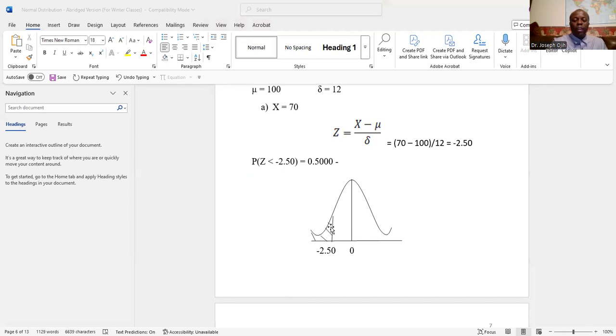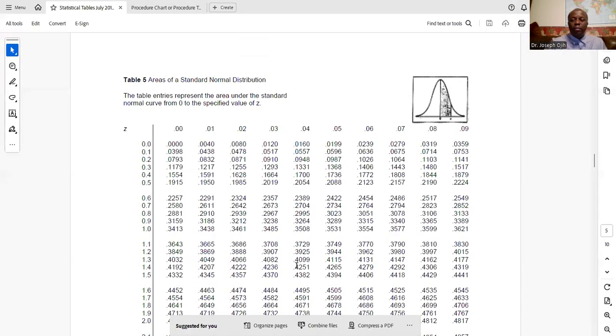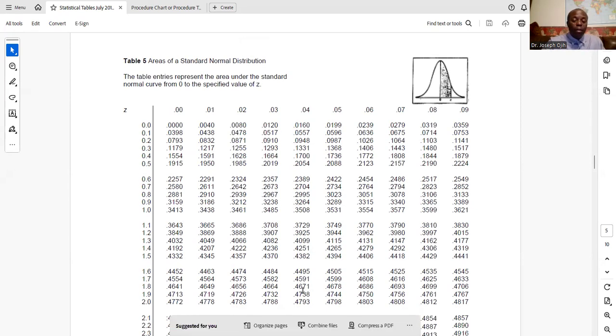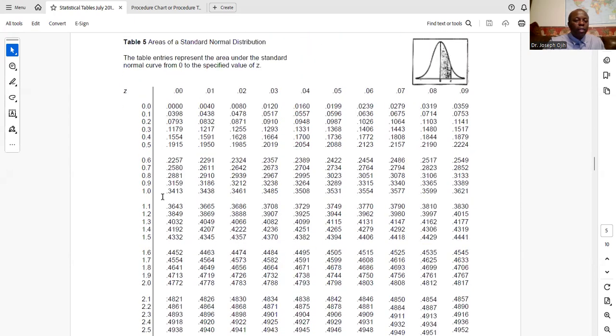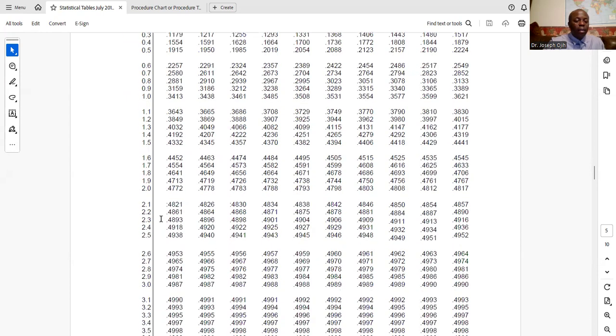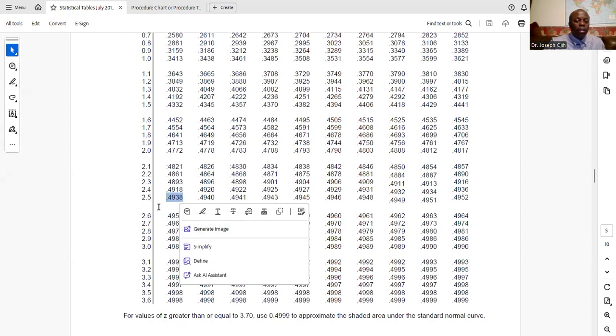Just look for 2.5, because by symmetry, it's the same as negative 2.5. The negative sign just tells you that it's on the left side. So look at this table. We have 2.5, and we can see the z right here, under 0, which is 0.4938.